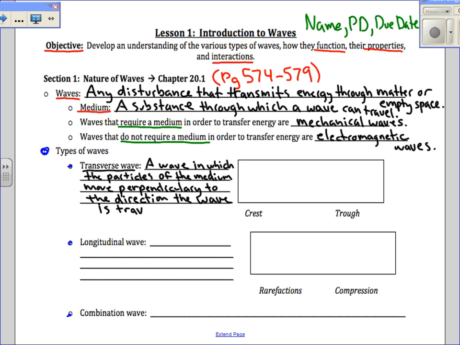So basically at right angles to which the wave is traveling.